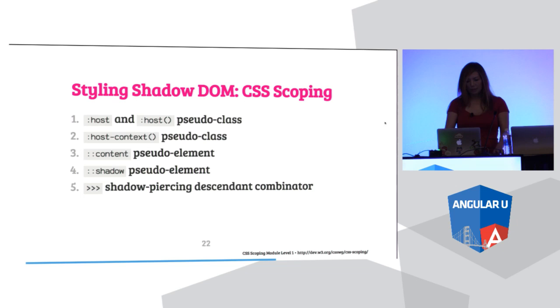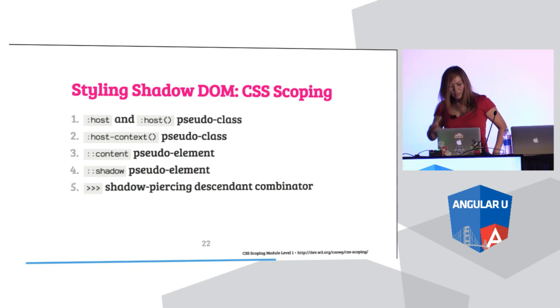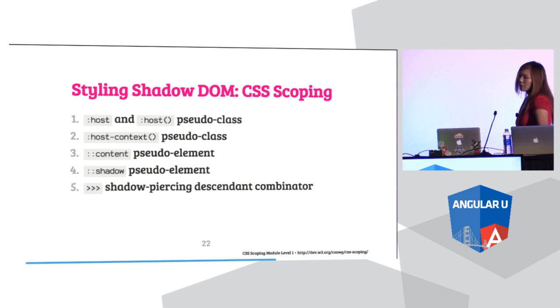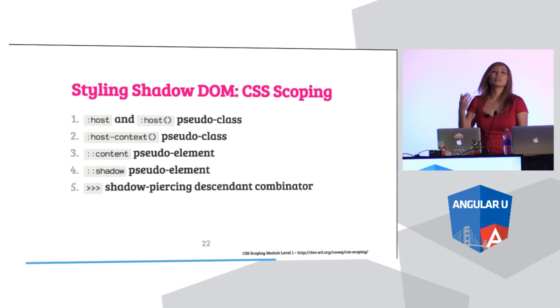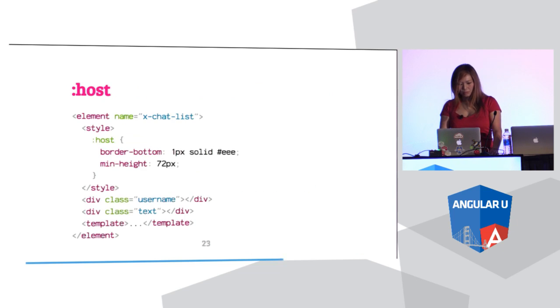It has the :host pseudo-class, the :host() function pseudo-class, and the :host-context pseudo-class. It also has some pseudo-elements, ::content and ::shadow. And there are some tricky things here, like the greater-than triple, which is called the shadow-piercing descendant combinator. I'm going to quickly explain how and when you use those to style shadow DOM.